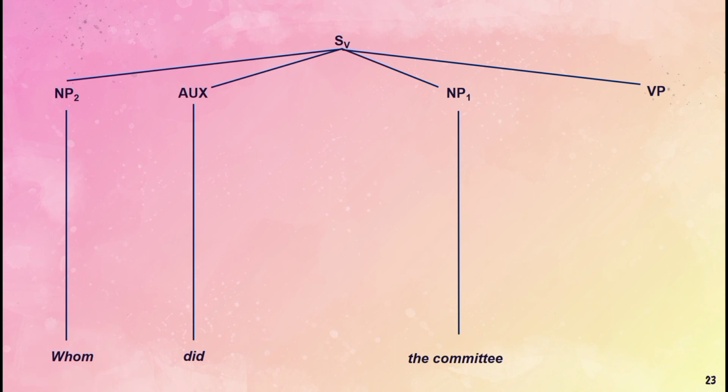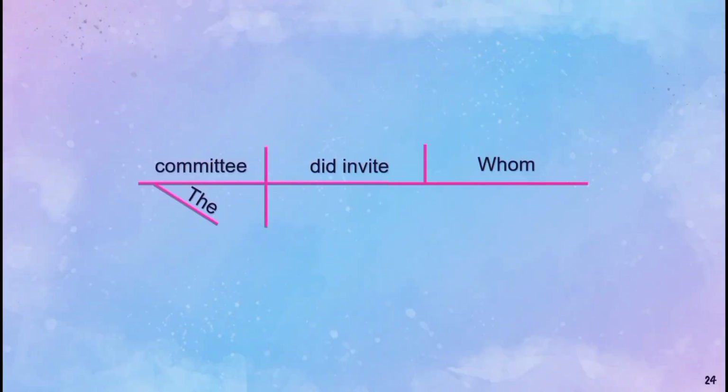Under auxiliary, we have did, under NP1 we have the committee, and under the verb phrase or VP, we have MVP, MVPTR under MVP, and finally the word invite. And the final question is, whom did the committee invite? And if we diagram it with the use of the Reed-Kellogg diagram, this is how it will look.